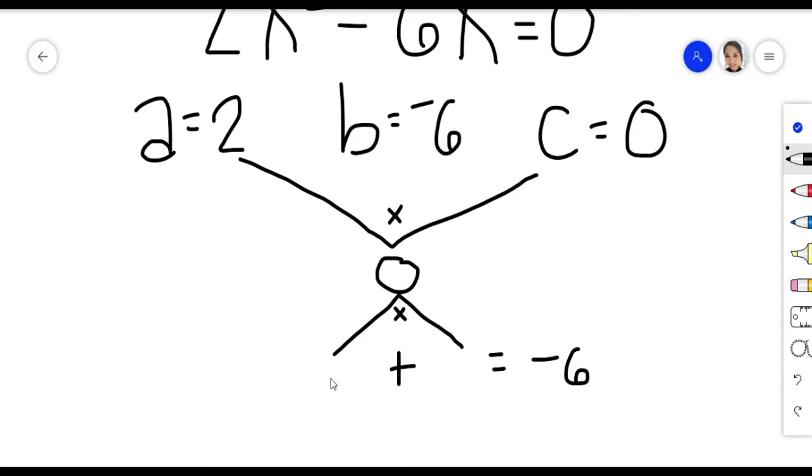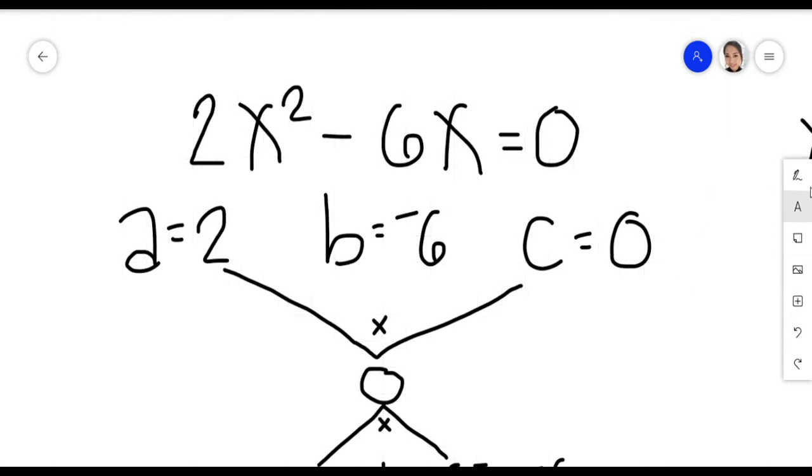So obviously, the two numbers that we want to find are 0 and negative 6, right? Since 0 times negative 6 is 0, and 0 plus negative 6 is negative 6. So since we can find two numbers that add up to negative 6 and when multiplied is 0, therefore 2x squared minus 6x is factorable. So it's factorable.